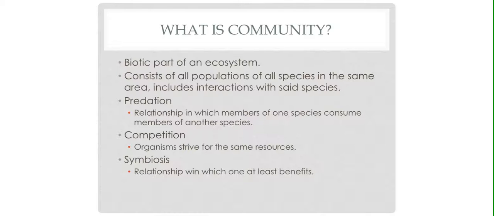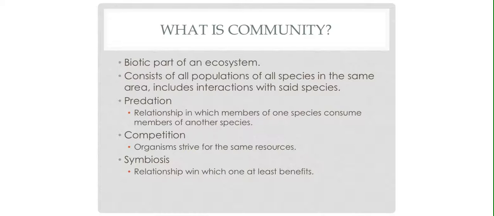Major changes in the numbers of a keystone species affect the population of many species in the community. So what I'm saying, and I've already kind of described this, is if I were to take a predator out of an ecosystem, that leaves the opportunity for prey to go unchecked and continue to grow and grow and grow. And that could essentially kill the entire ecosystem of one community. So it's really important that all species have some sort of check and balance.